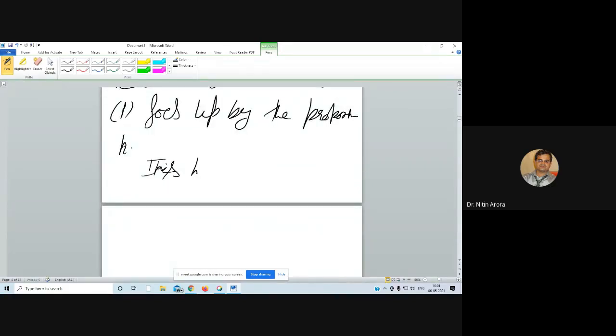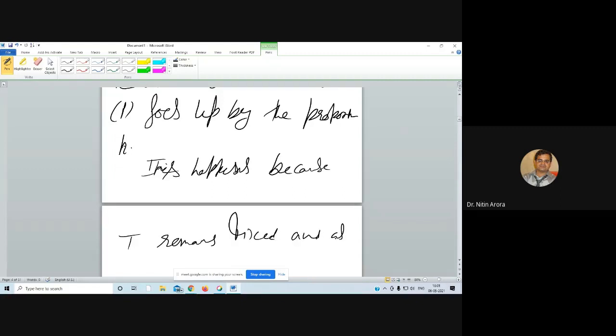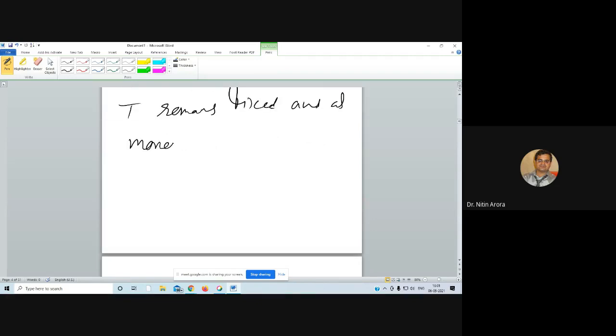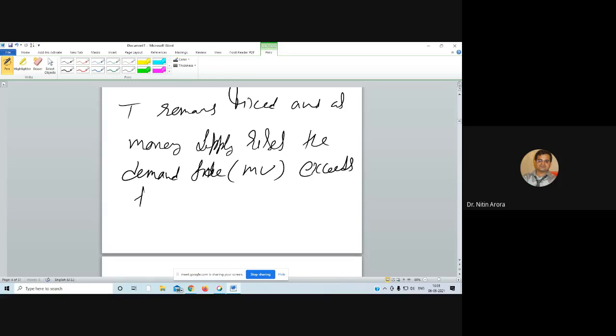This happens because T remains fixed, and as money supply rises, the demand side MV exceeds the supply side of the economy, that is PT, because PT is nothing but the market value of all final goods and services produced in the economy, and MV represents the demand.